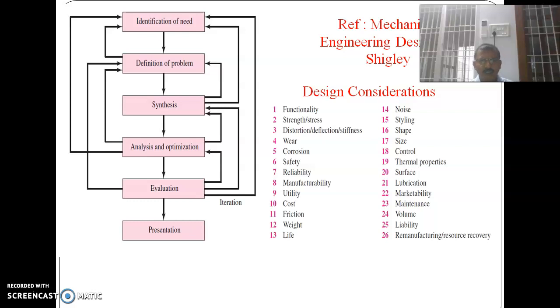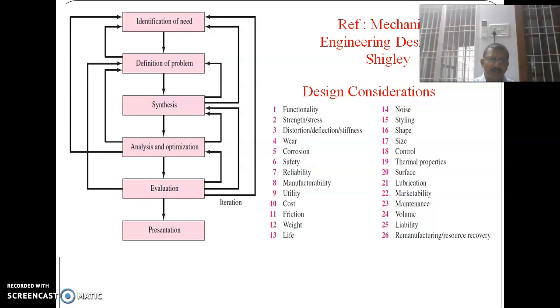Then the synthesis phase, where the total problem should be divided into different areas, different sub-components. That is called synthesis. Then the different components are analyzed and optimized, and different options may be available for that process.